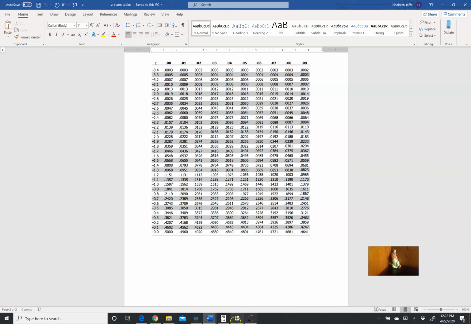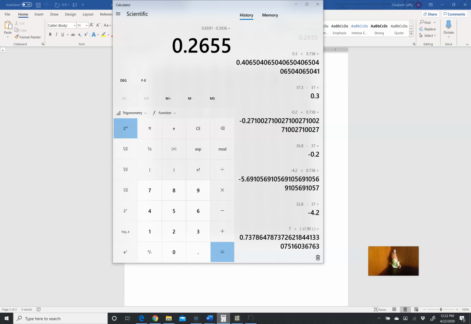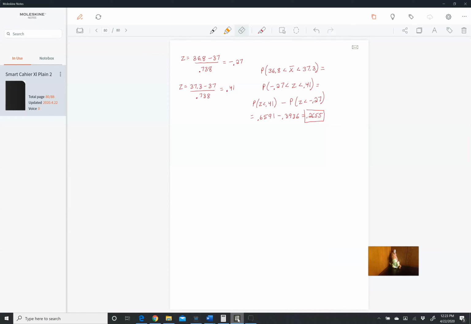And what do we get? 0.6591 minus 0.3936 gives us 0.2655. And this would be our answer here.